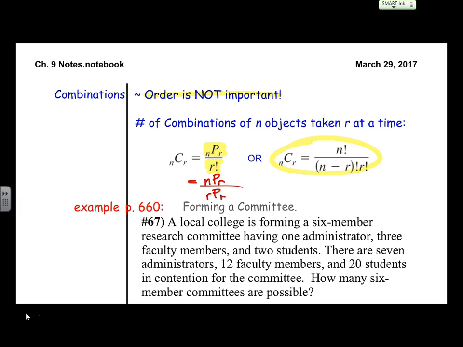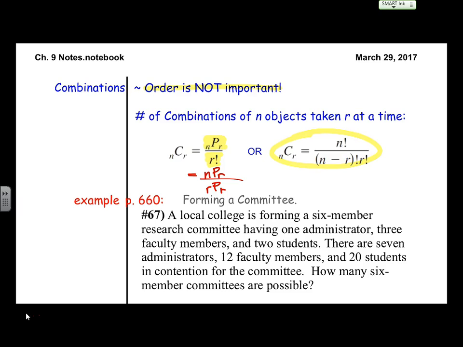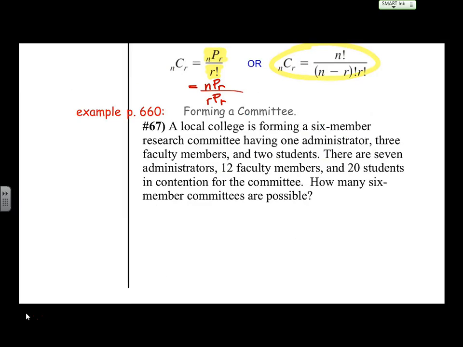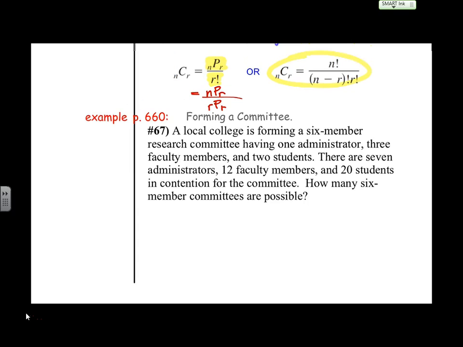So how does that apply to this committee down below? If we're talking about making a 6-member research committee, having 1 admin, 3 faculty, and 2 students, and we're choosing from 7 admins, 12 faculty members, and 20 students in contention for the committee. How many 6-member committees are possible?